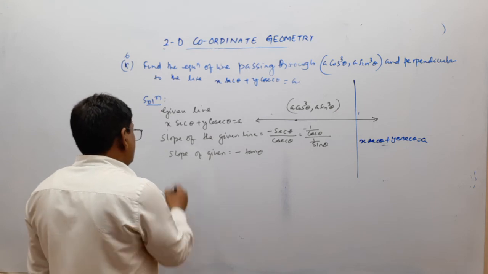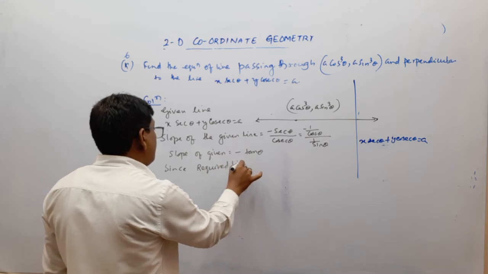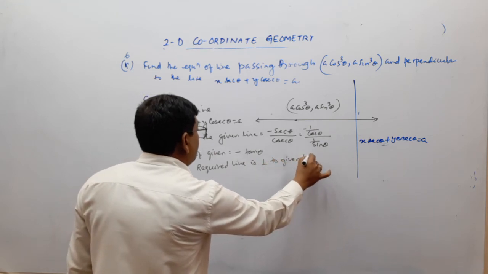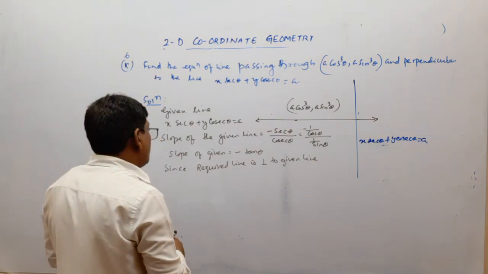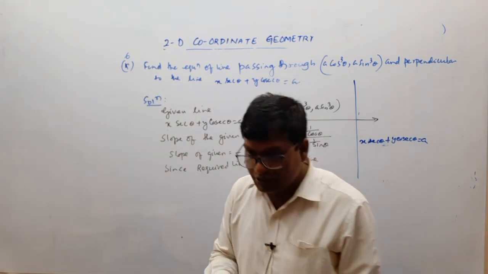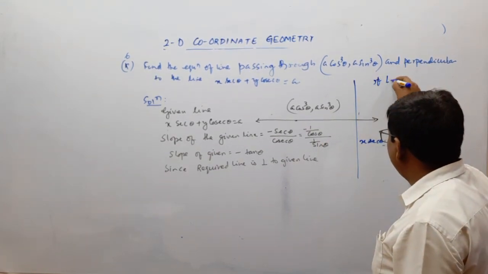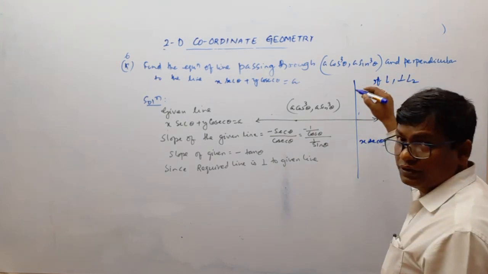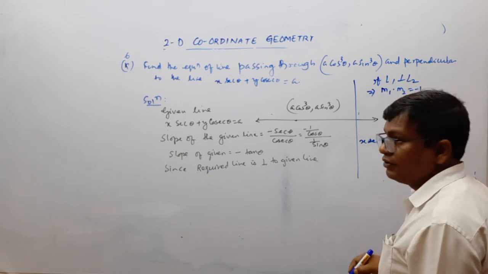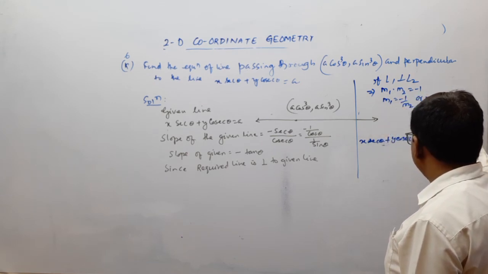Since the required line is perpendicular to the given line, we know that if L1 is perpendicular to L2, then m1 times m2 is equal to minus 1, or m1 is equal to minus 1 by m2, or m2 is equal to minus 1 by m1.